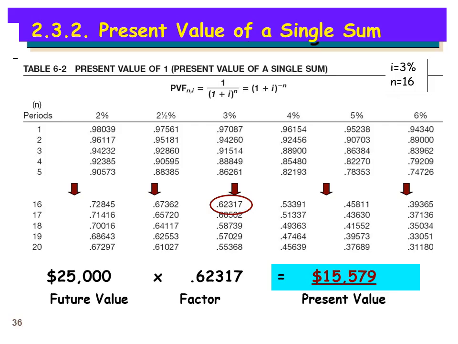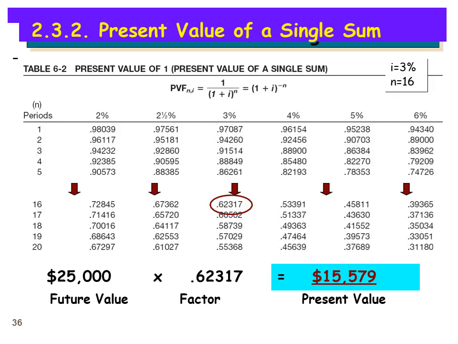Then the factor value equals 1 over 1 plus i, where i is 0.03 and n is 16: 1 over 1.03 to the power of 16 equals 0.62317. This is our factor value.